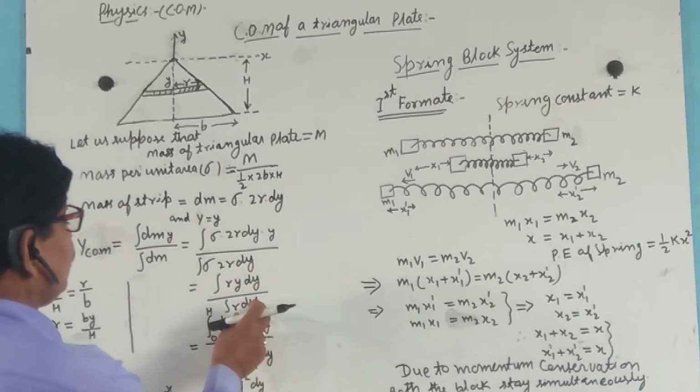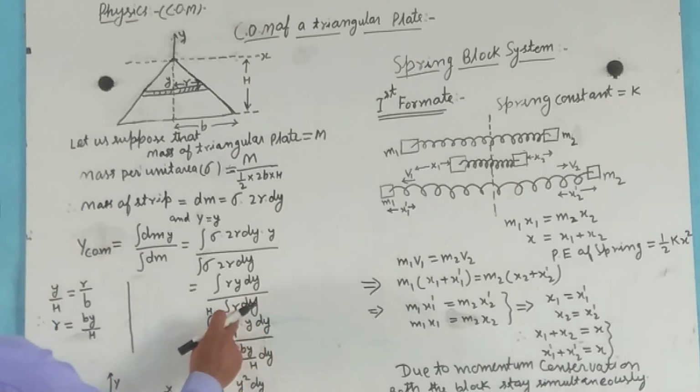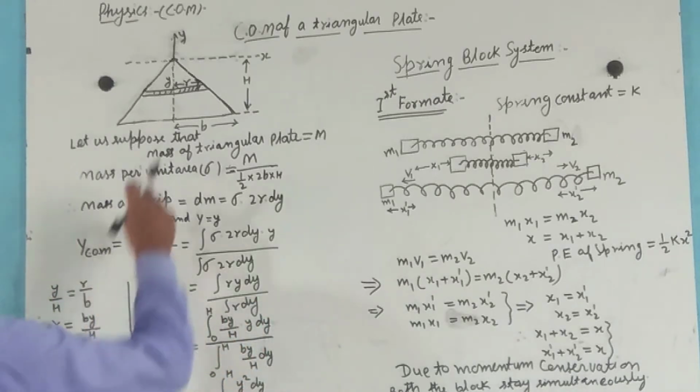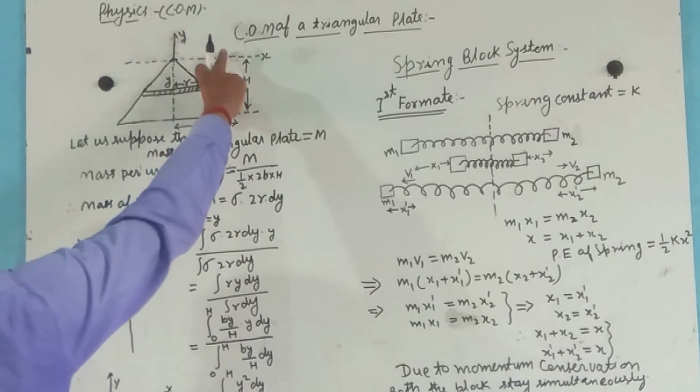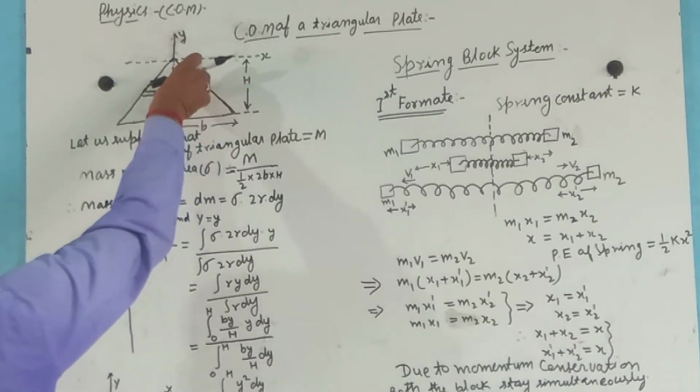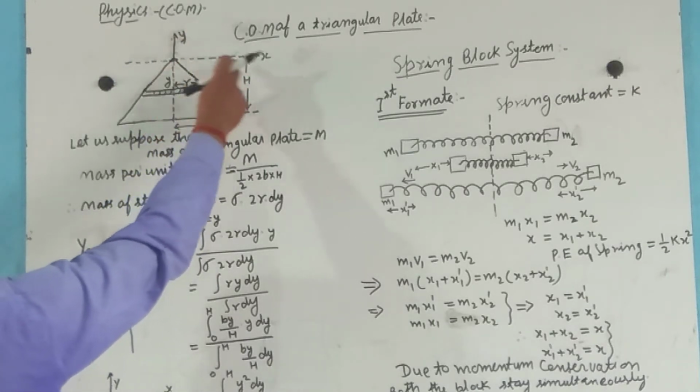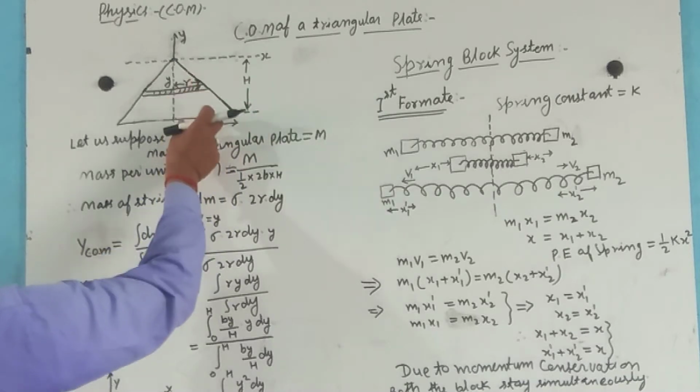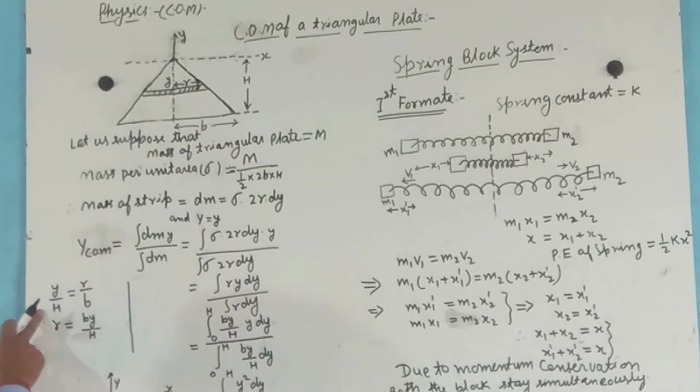As you know, by similar triangles, y by capital H is equal to r by b, so that r is equal to b y by h.